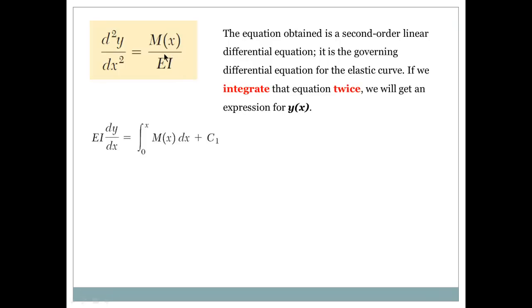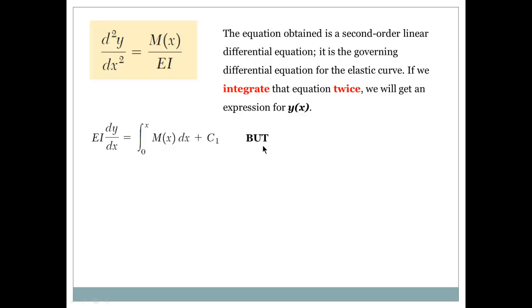Now I'm going to move the EI, assuming I'm using a beam that's made of one material only, and I'm assuming that the cross-section properties of the beam do not change along the beam. So I'm going to move the EI to the other side and integrate M(x) once. I'm going to get a constant of integration C1.